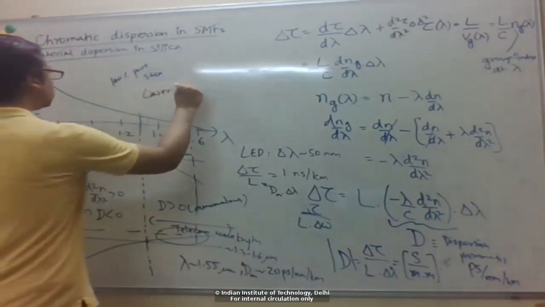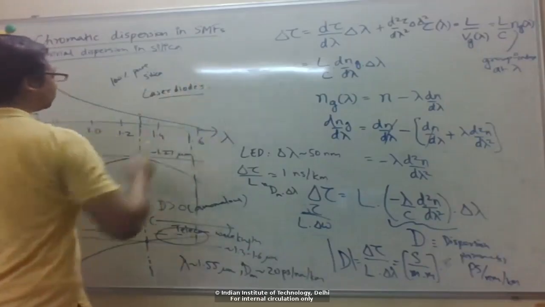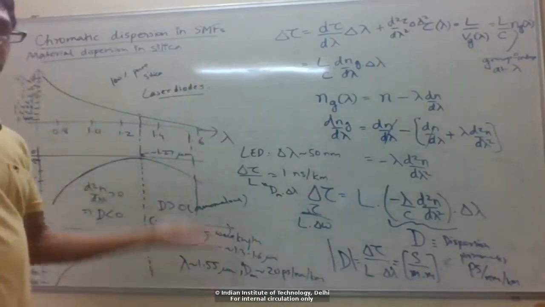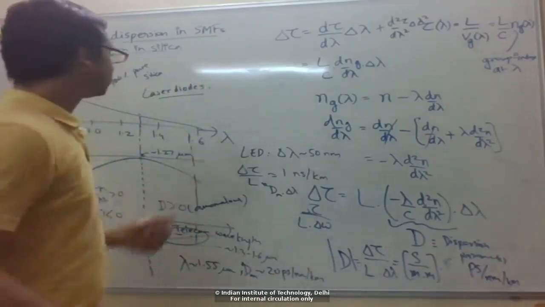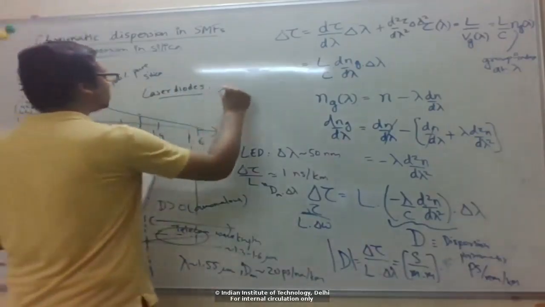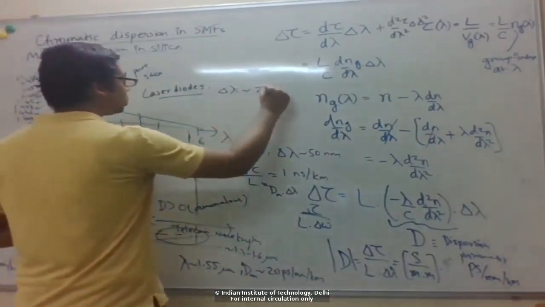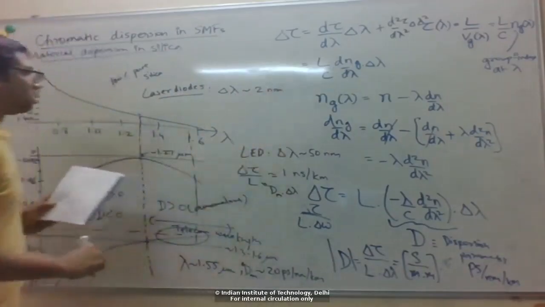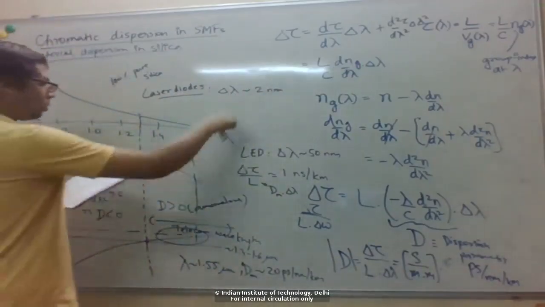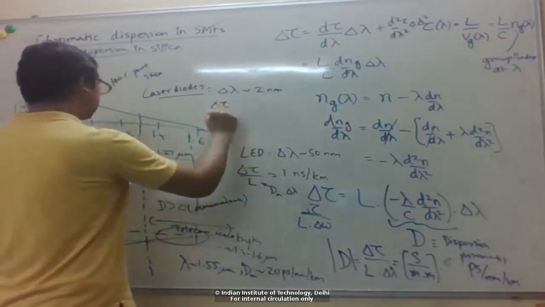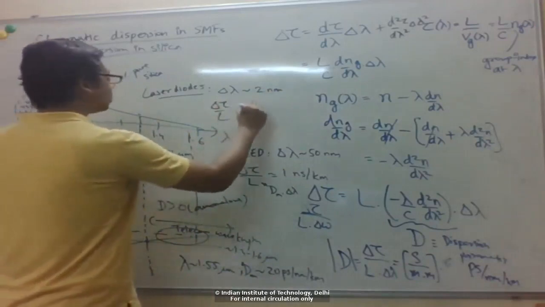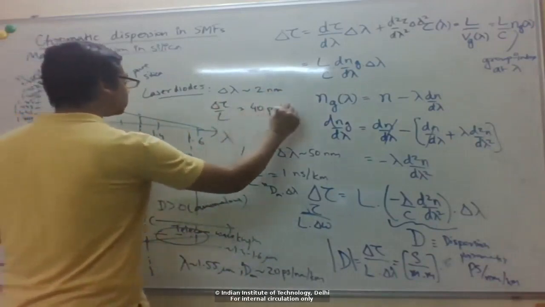On the other hand, there are laser diodes, which are somewhere intermediate between a pure single frequency laser and LEDs. They have a spectral bandwidth of about 2 to 5 nanometer. If you take 2 nanometer here, then the broadening goes down to about 40 picosecond per kilometer.